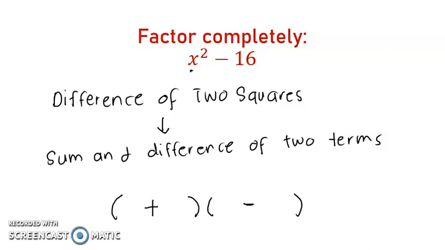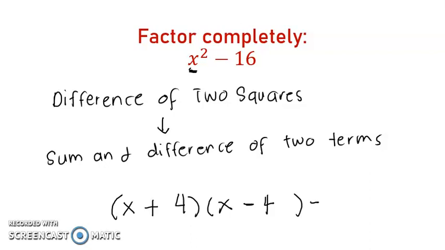Now for us to get the two terms, we will just get the square root of the first term, and the square root of x squared is equal to x. Okay, and we also need to get the square root of the last term. So square root of 16 is equal to 4. Therefore, the factors of x squared minus 16 are x plus 4 and x minus 4.